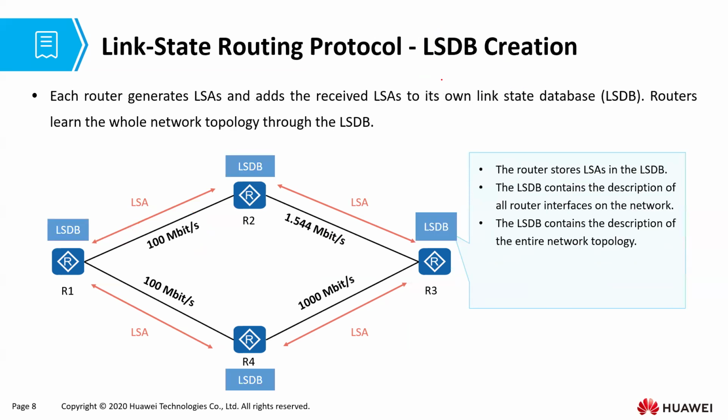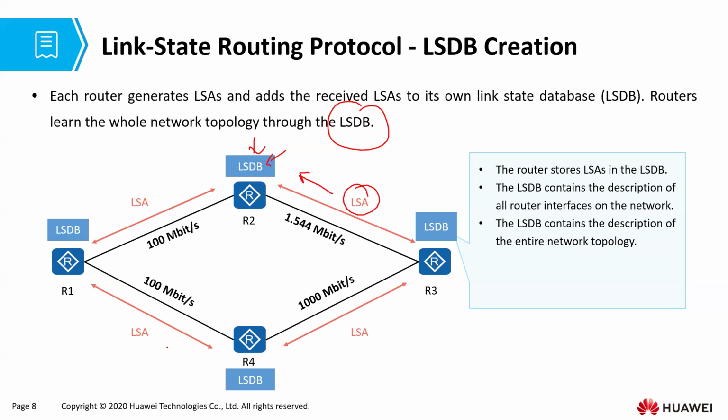Then, when we update our routes, all the LSAs are stored in what we call an LSDB, the link state database. So every router has a link state database, and it gets updates via link state advertisements. So every time a link state advertisement is flooded to a router, it is stored here.